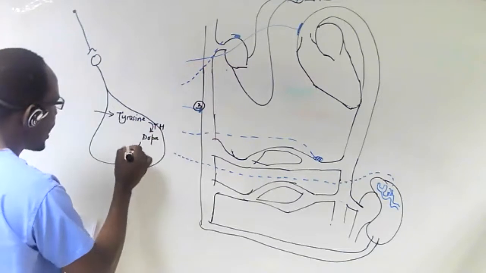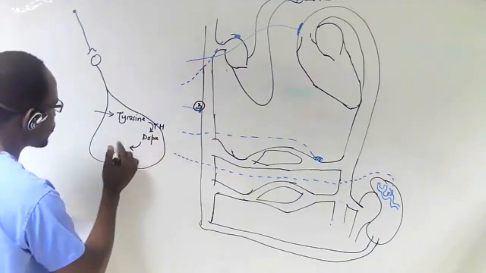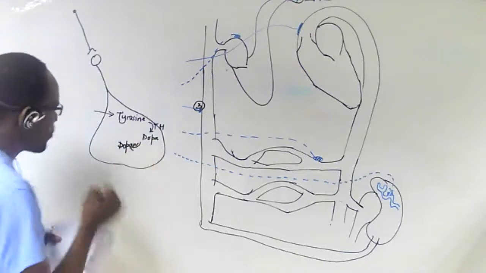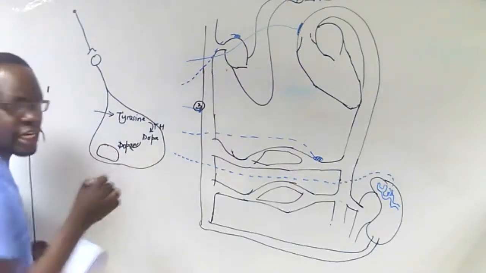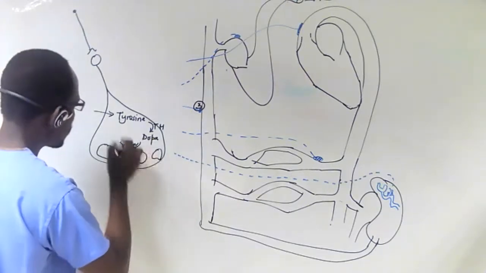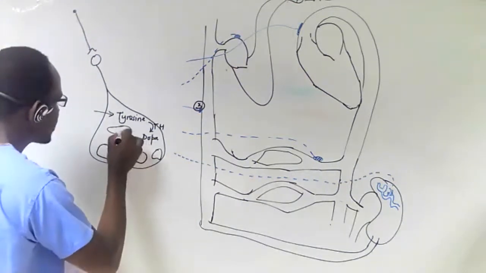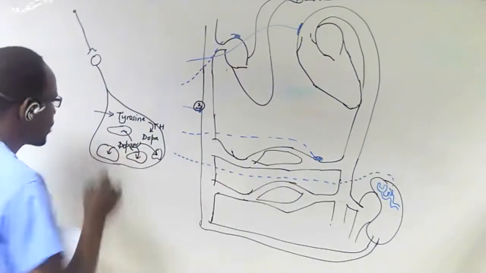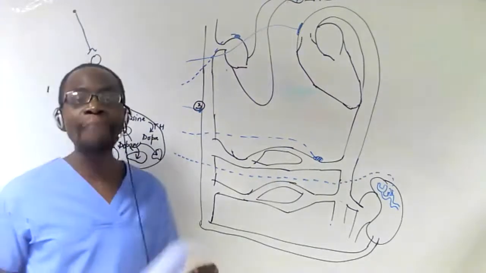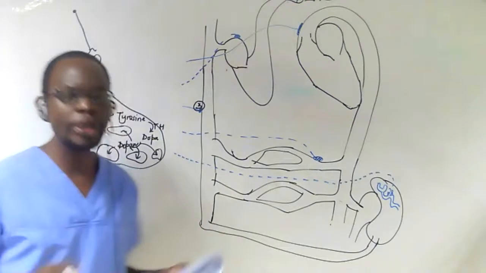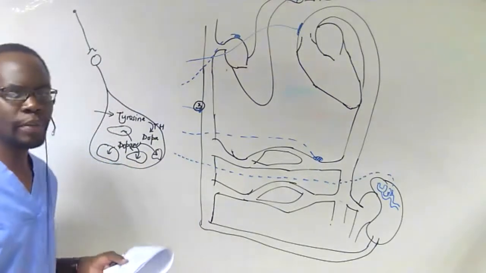Then dopa is converted to dopamine, which is pumped into the vesicles by the monoamine transport mechanisms, as we said earlier on.